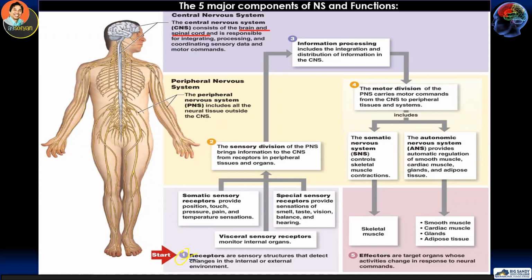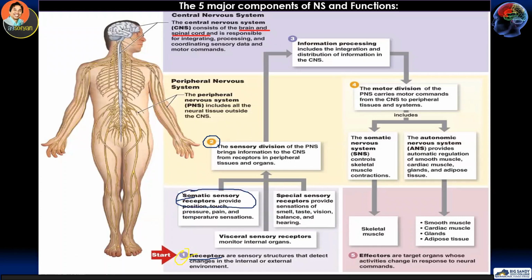The receptor will receive the stimulus, and then the stimulus will be carried into the CNS by the second component, which is the sensory neurons. The sensory neuron.